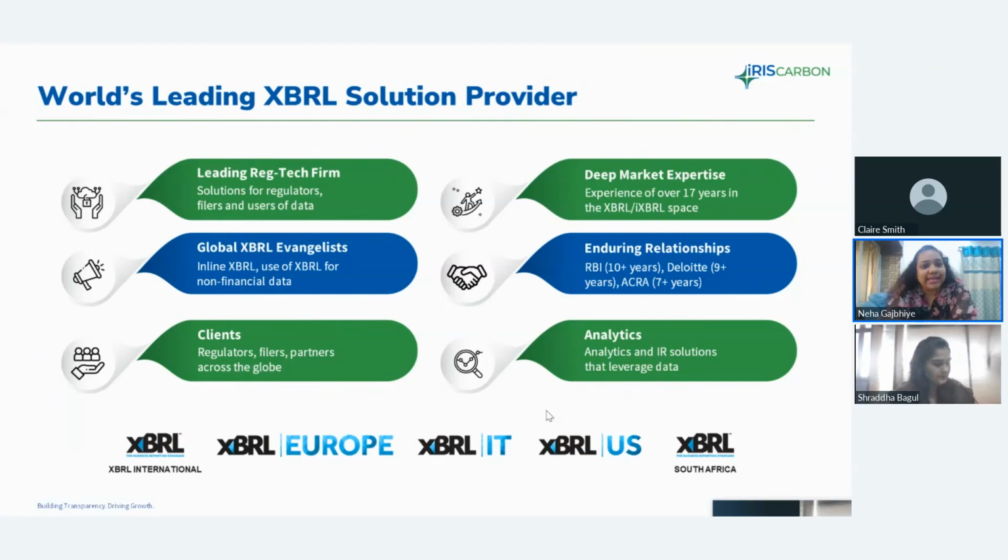We are the world's leading XBRL providers, and we call ourselves a leading RegTech firm because we work in the space of data standards. We work for regulators, filers, and enterprises in over 50 countries all over the world.